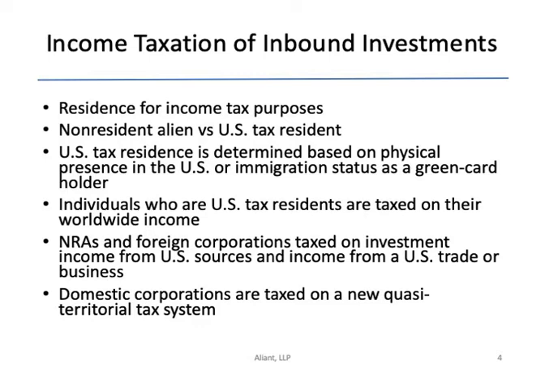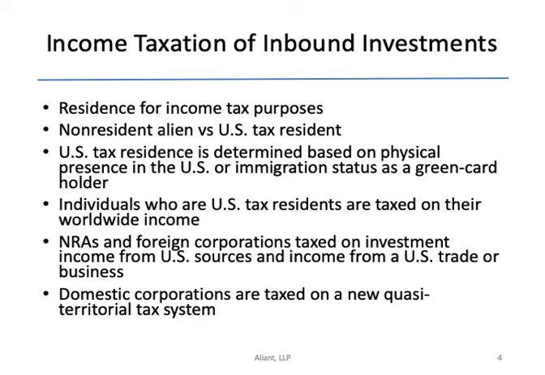And then under what's called the substantial presence test or the physical presence test in the United States, someone who is present in the United States for X number of days a year, and it's a test that has sort of this rolling average, the special weighted formula that we use to see how many days was this foreigner present in the United States this year, last year, and 2 years ago.